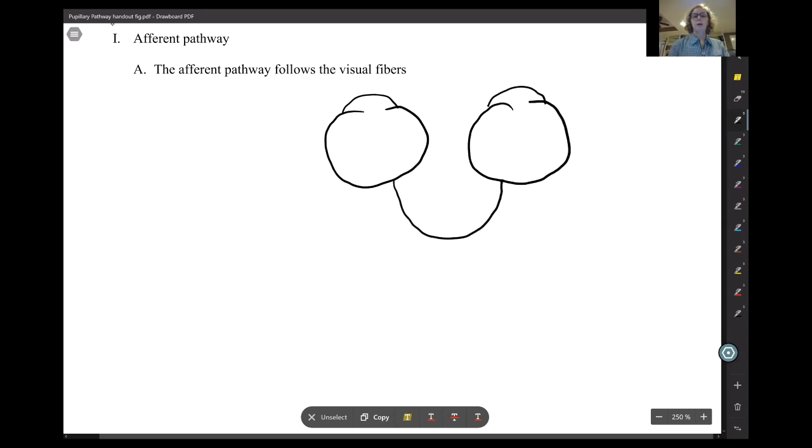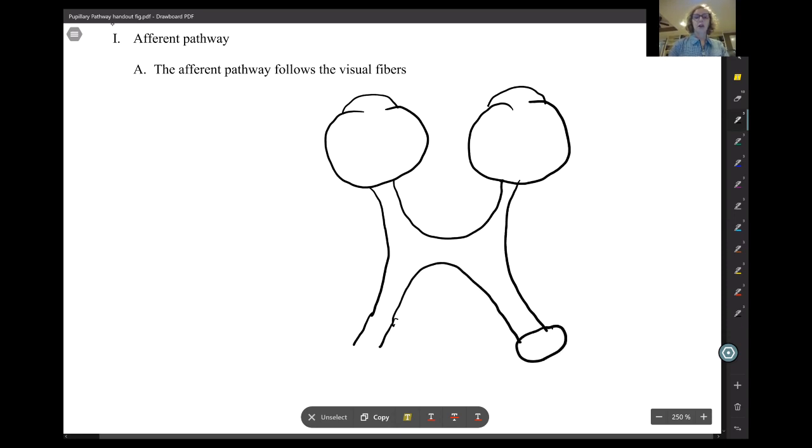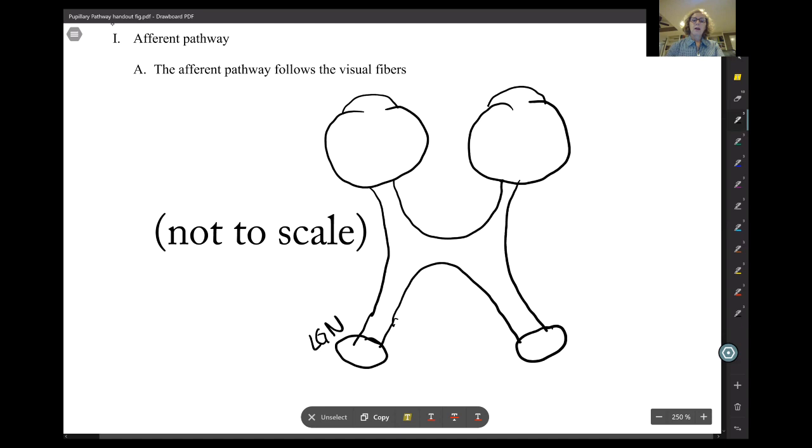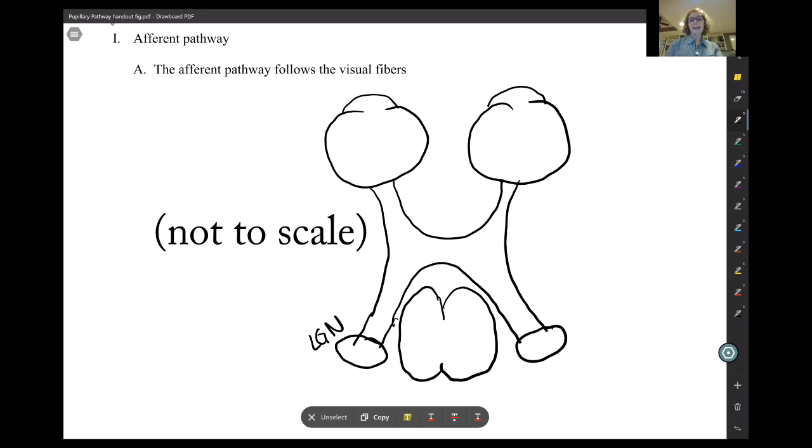So our eyeballs, and then the optic nerve, the optic chiasm, and the optic tract back to the lateral geniculate nucleus. I'm also going to draw out the midbrain, because that's where our pupillary fibers are going to end up.